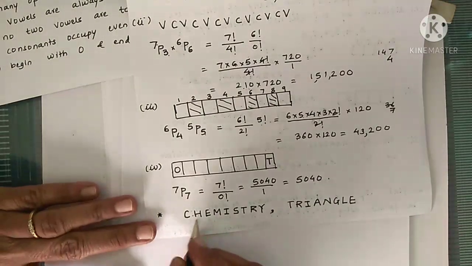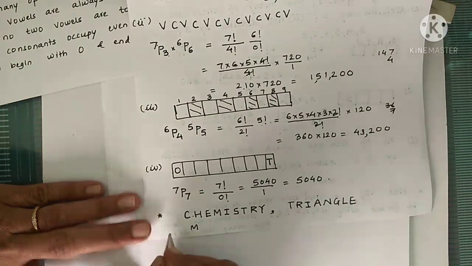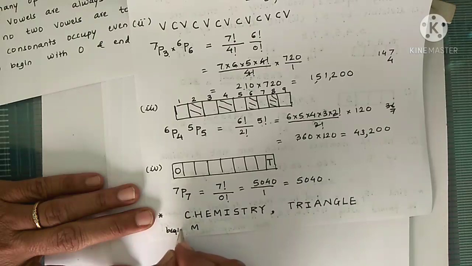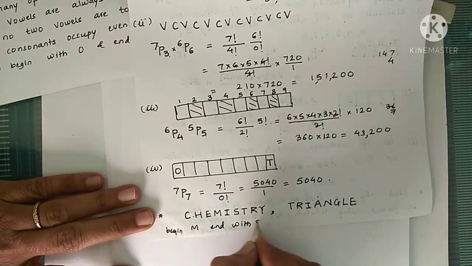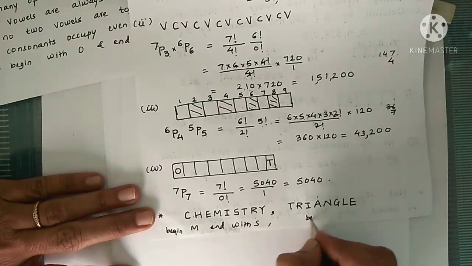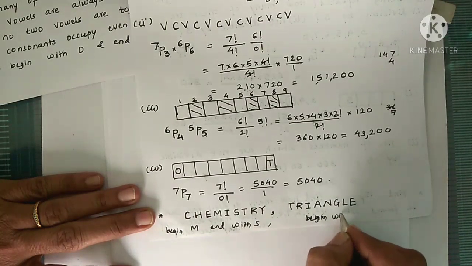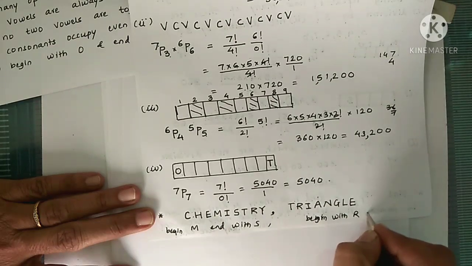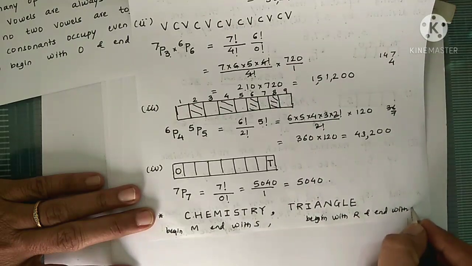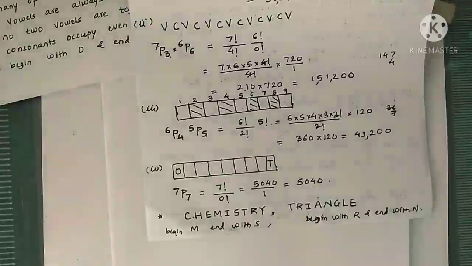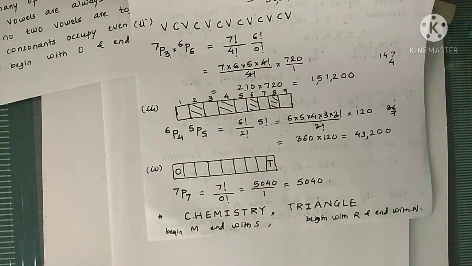And for this one, begin with say M and end with S. In this one, begin with say R and end with N. Okay. So I have only changed these 2 letters, and solve these questions taking the same set of sub-questions.